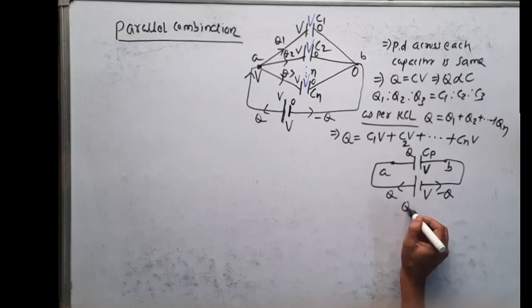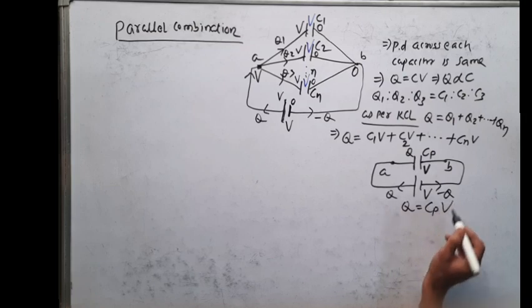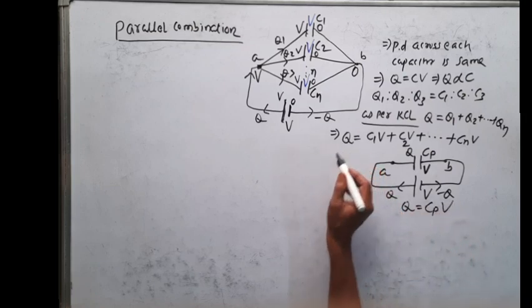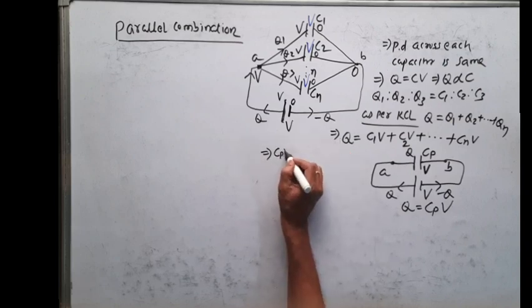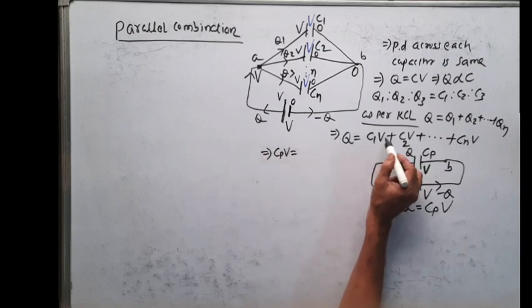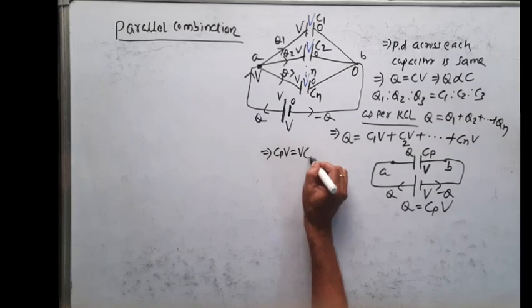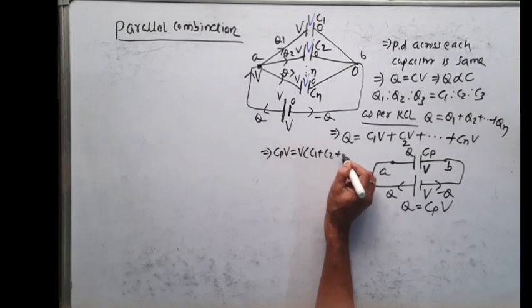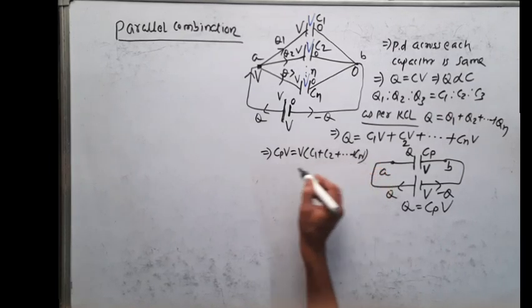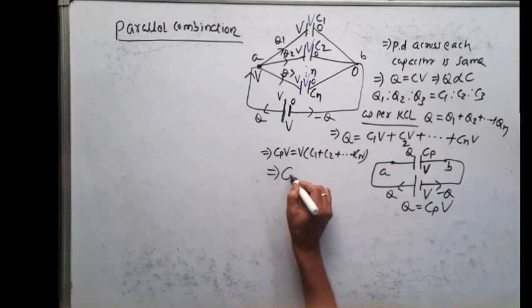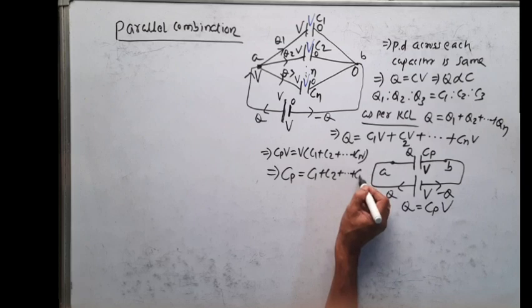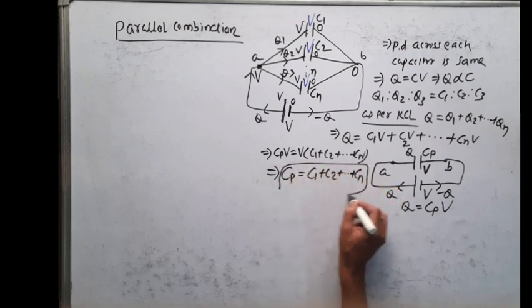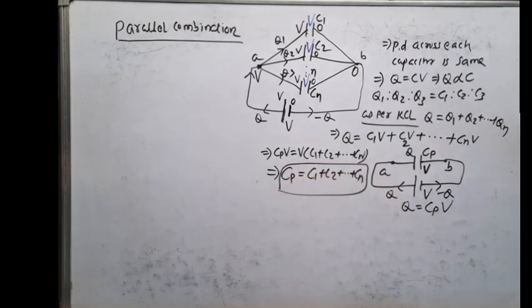Q is equal to Cp into V. In place of Q, we write Cp into V is equal to, here V is common, so it is C1 plus C2 up to Cn. V cancels. So Cp is equal to C1 plus C2 up to Cn. So this is the equivalent capacitance in parallel connection.